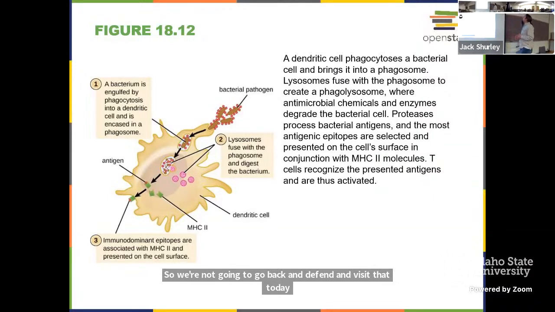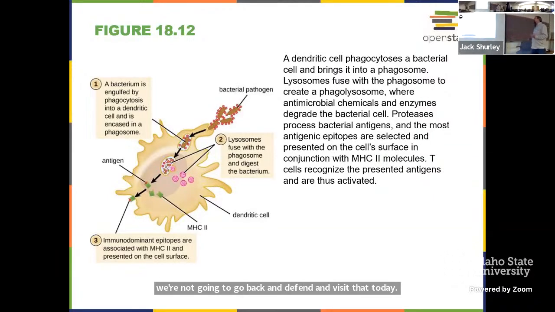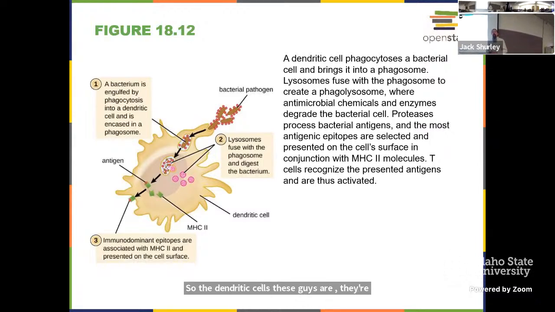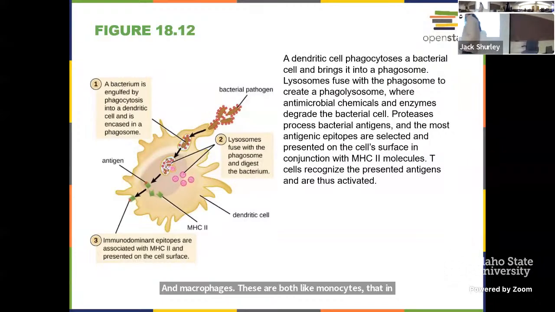So the dendritic cells, they're not exactly the same, but they're pretty close to macrophages. Dendritic cells and macrophages are both like monocytes that in turn move out of the circulation and are kind of differentiated.